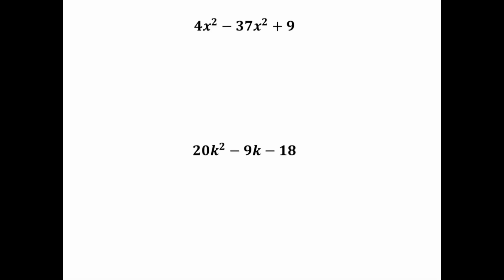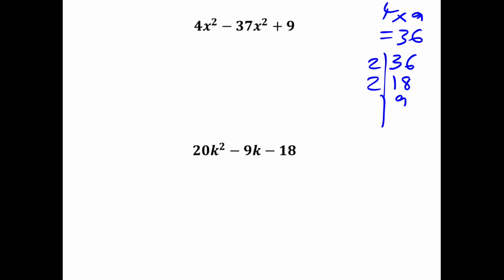So we're going to take the 4 and multiply it with the 9. 4 times 9, we get 36. Then I would like to write 36 in terms of its prime factors. So 36, 2 goes 18, 2 goes 9, and then 3, and then 3 with 1 at the end.